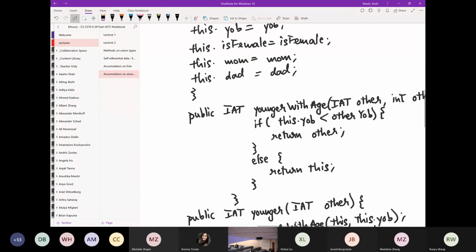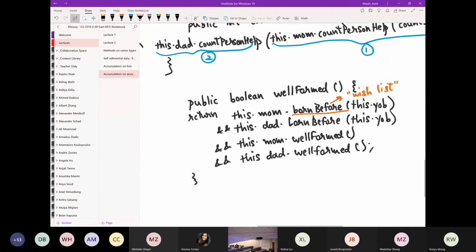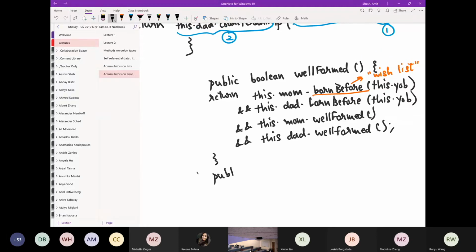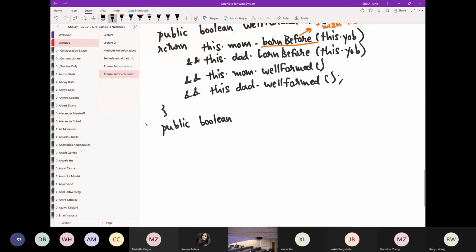Now, here we have Boolean bornBefore. So I'm in the person class right now. So in the person class, my template says I have access to this.yob.